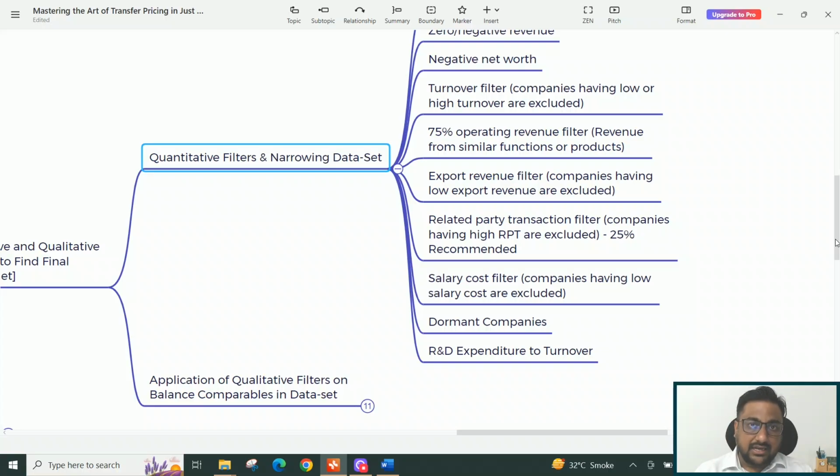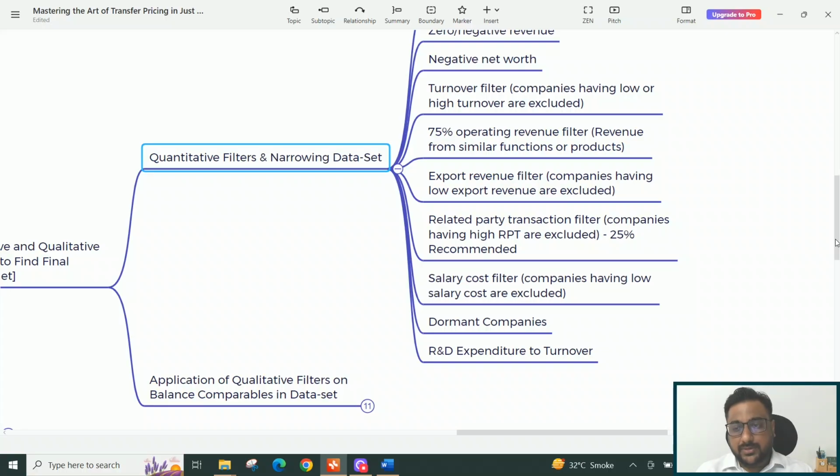But in practice, I haven't dealt with such a situation. Probably that could be one of the abnormal cases, where salary is being paid too low compared to the revenue from operations of that company. Then dormant companies, obviously, these are sick companies which are required to be excluded, because they cannot be economically comparable with your tested party, right?